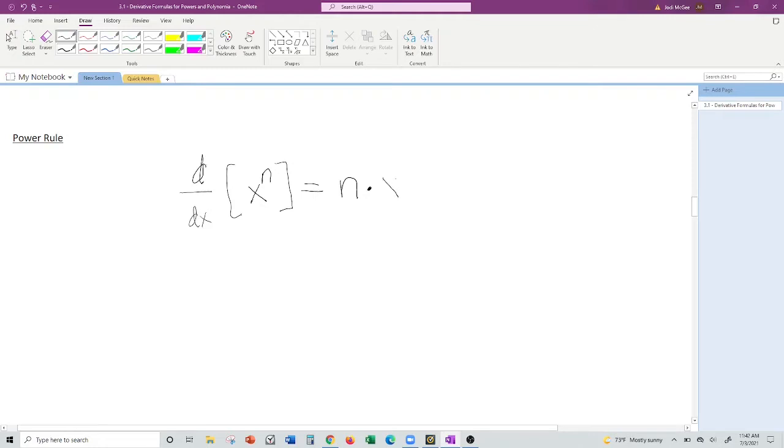Then we need the base still, x. And then the power is going to be the exponent it was raised to minus 1. Alright? So this is our first official derivative calculating rule or formula. This is called the power rule. Alright? And we're going to have a ton of practice with this in our first example.